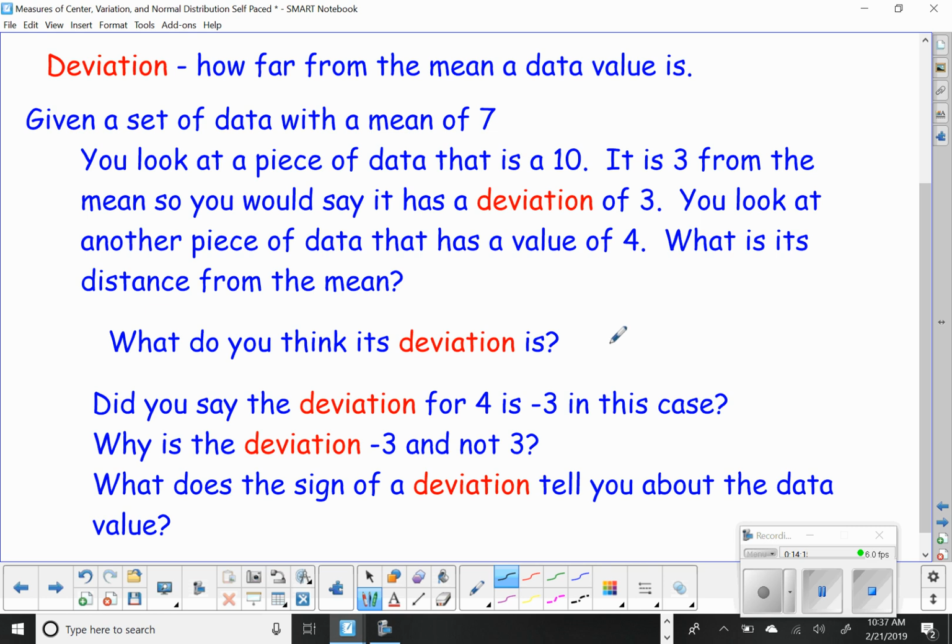Deviation is just the data item minus the mean. And I'm having to do this with my cursor because my pen that writes on the tablet is not working right now. That's why it looks kind of weird. Okay, so the sign of the deviation tells you if the piece of data is above the mean or below the mean.